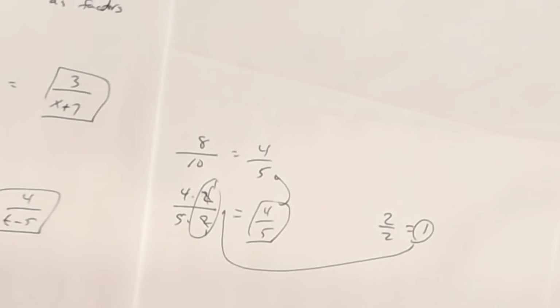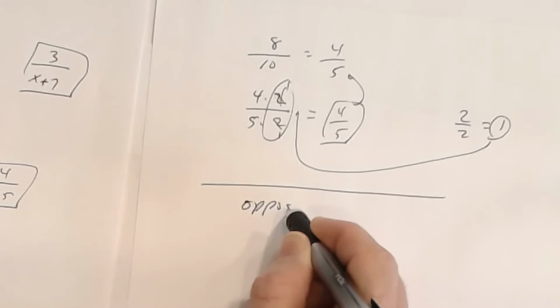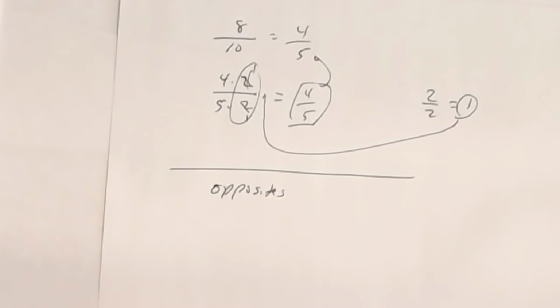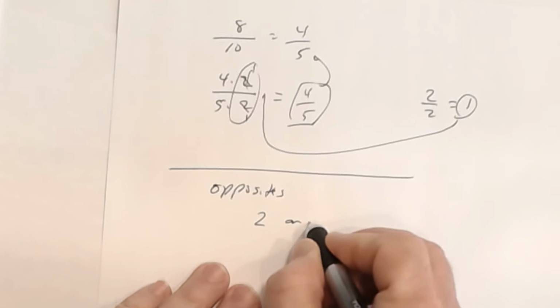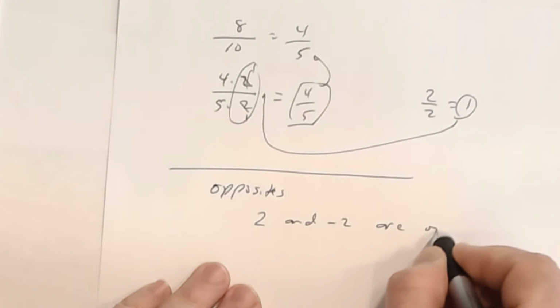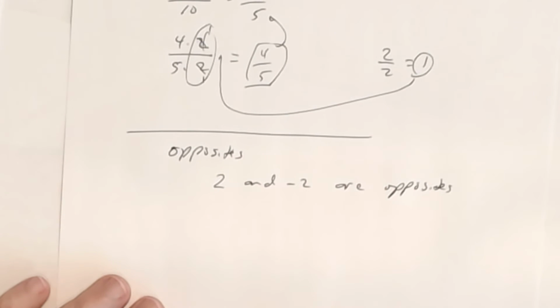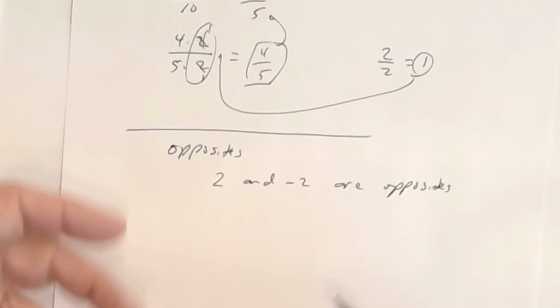Okay, so there is something called opposites. And as you go through the lessons, you're going to see what opposites are. So 2 and negative 2 are opposites. If you look at this in terms of a number line, they're on opposite sides of the number line in equal distance.